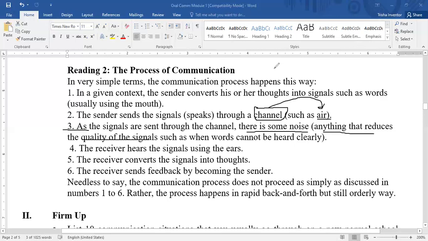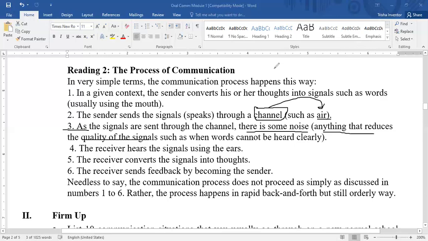You have to exert effort. So when the surrounding is noisy, we cannot hear the words clearly, and it may lead to misunderstanding. Your friend says, "Gwapa ka," and you hear, "Maot ka." So, the ending, nalain ka sa imong friend. When the surrounding is noisy.